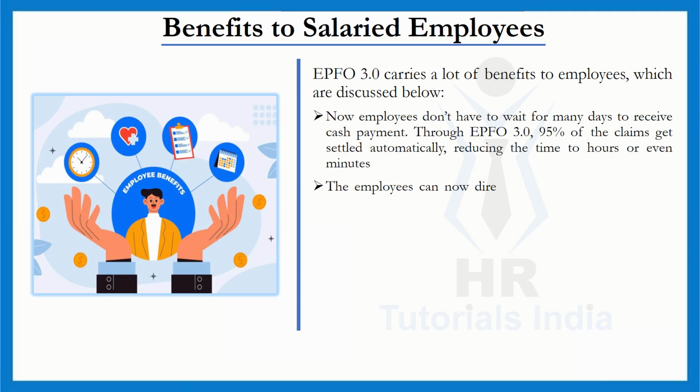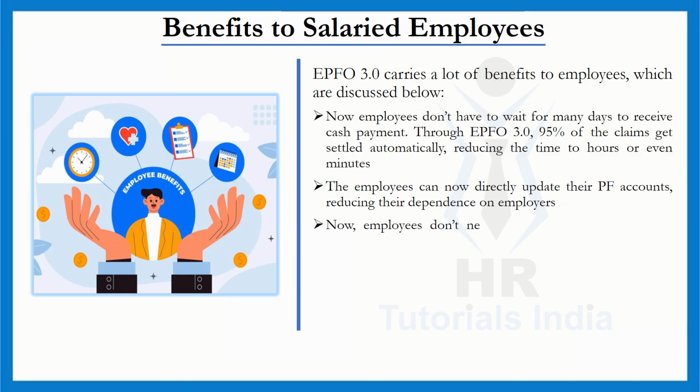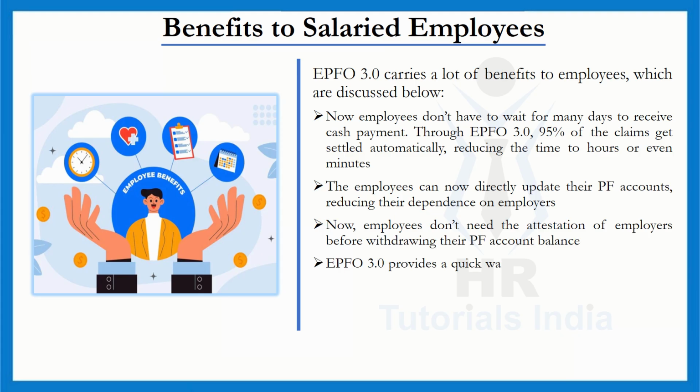You can now update your PF account details directly, reducing your reliance on your employer for corrections or updates. Employer attestation is no longer required to withdraw your PF balance, making the process simpler and faster. EPFO 3.0 also provides a quick way to access cash during emergencies such as illness, marriage, or education expenses. Overall, the system is designed to make PF management faster, more flexible, and employee-friendly.